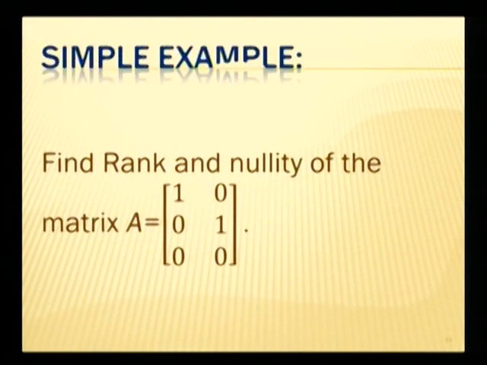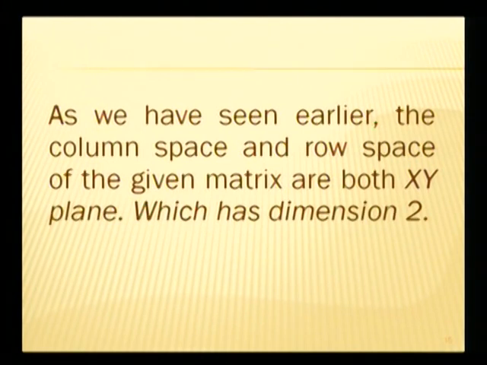Now let us find rank and nullity for the simple matrix. For this matrix we see that column space and row space both is the xy plane. And so the dimension of row space as well as the dimension of column space is 2.